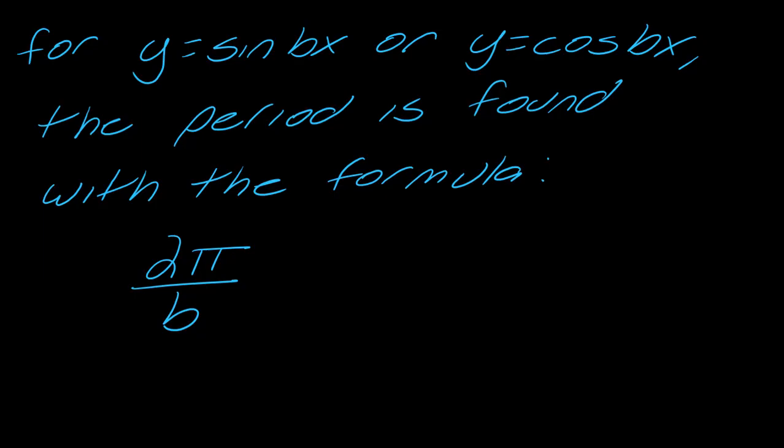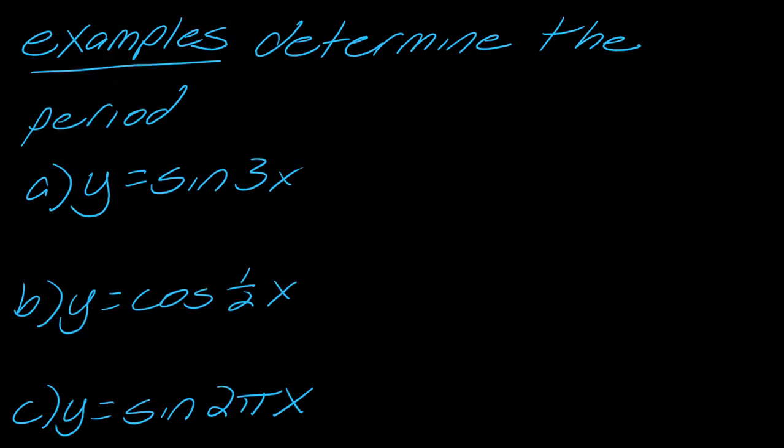So the first thing that I want to tell you with period to help us get to graphing it is how to actually figure out what the period is. So if you have a function sine of bx or cosine of bx, you have this number next to x. To figure out what the period is, you use this formula, 2 pi divided by b. So the first thing that I want to do is get you used to finding the period. So I've got a couple of examples here.